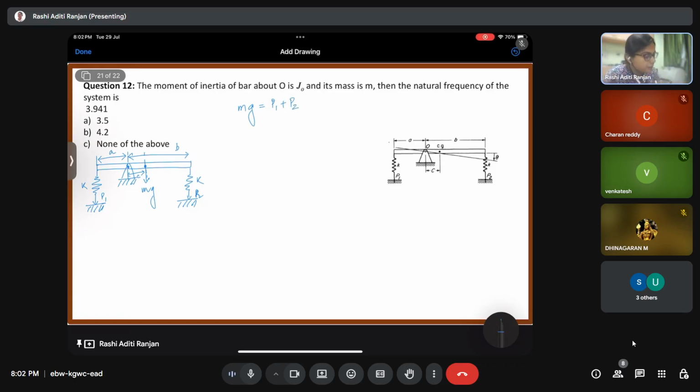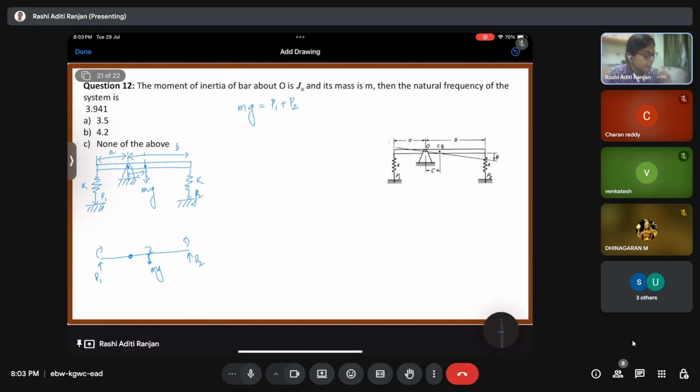Then we have another equation that says if I take the pivot point as my reference point, and I have P1, P2, and then mg, one is rotating my system in this direction, another in this direction, and this in this direction.